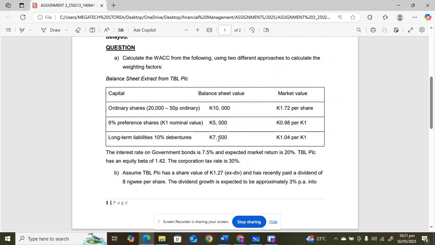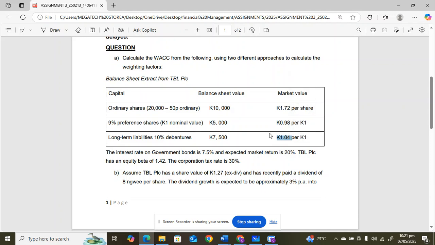This debt also has a face value. It's also traded in units like shares and preference shares. So this is the face value, one kwacha. Then this is how much you're paying for the debentures on the stock market. One kwacha four ngwe.